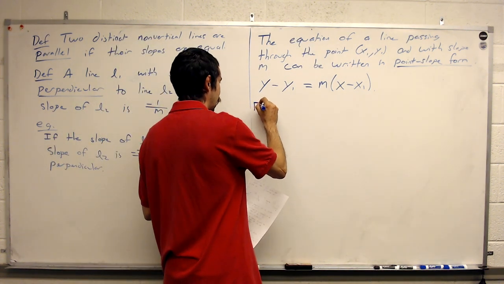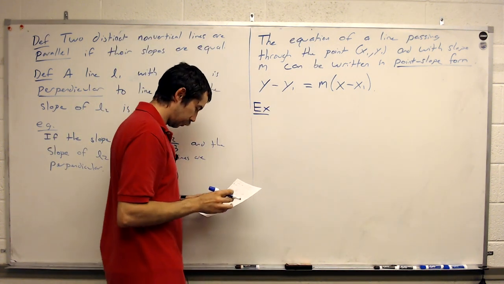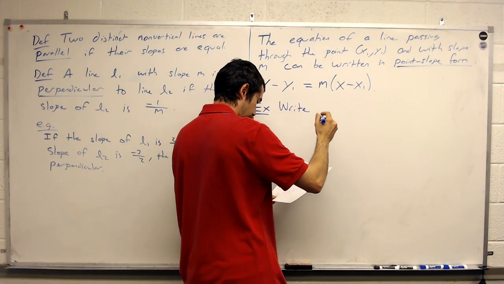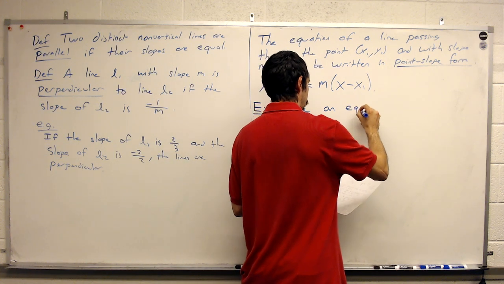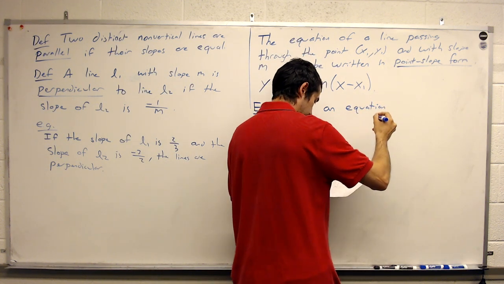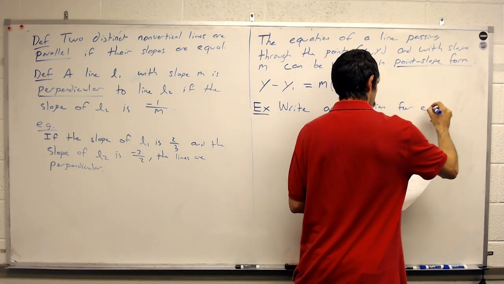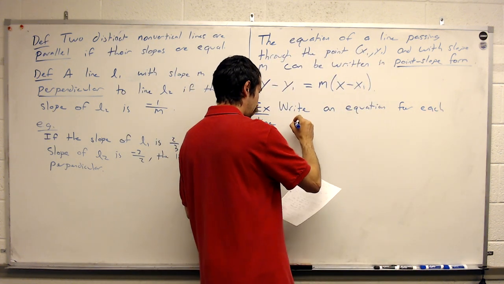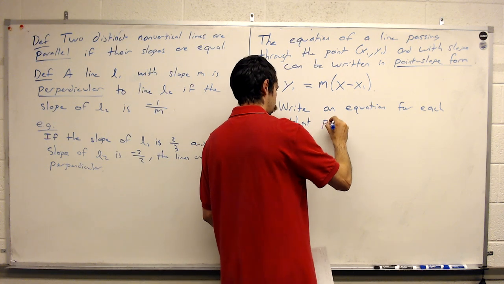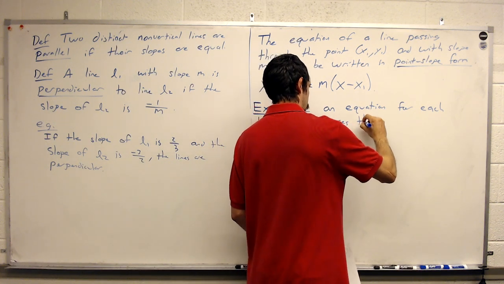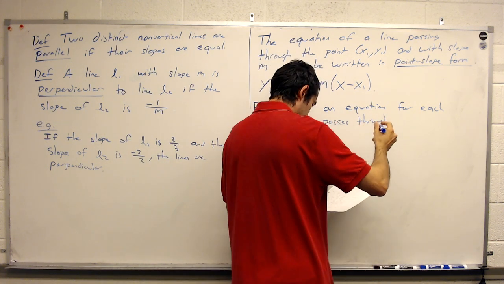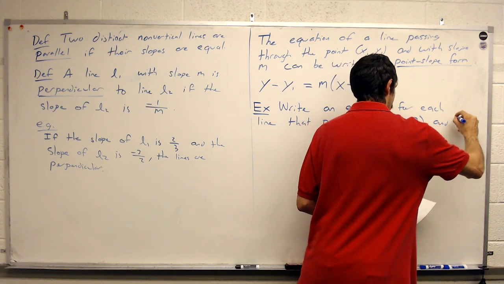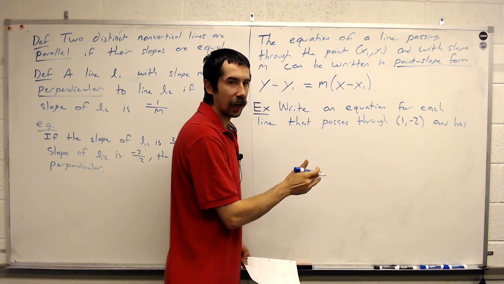Okay, so let's take a look at an example. Let's write an equation for each line that passes through the point 1, negative 2, and has, all right, we're going to have 3 different lines here.